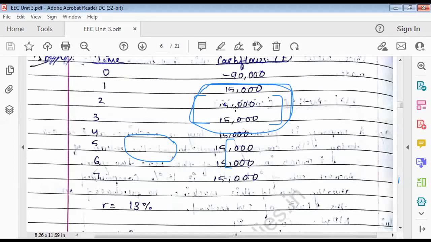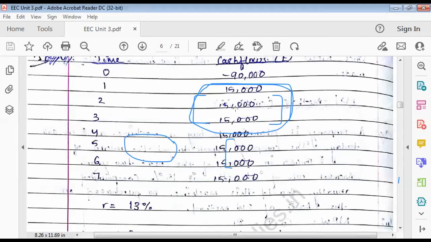Had that been the case, that means if capital R1 is not equal to capital R2, is not equal to capital R3, is not equal to capital RT, then you do not have a choice but to expand it the way I was suggesting. R1 divided by (1 plus R) plus R2, which is different from R1, divided by (1 plus R) whole square, plus R3, which is different from R1 and R2, divided by (1 plus R) whole to the power 3.